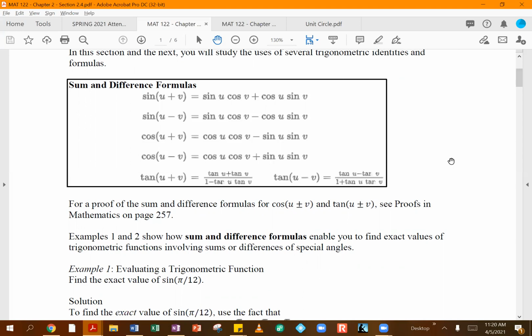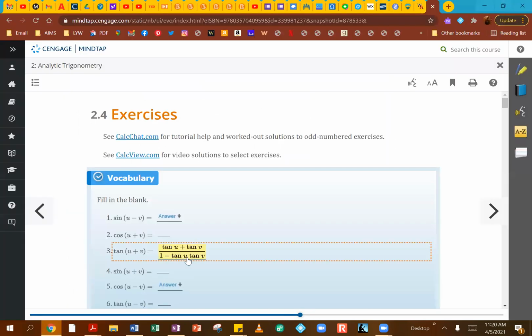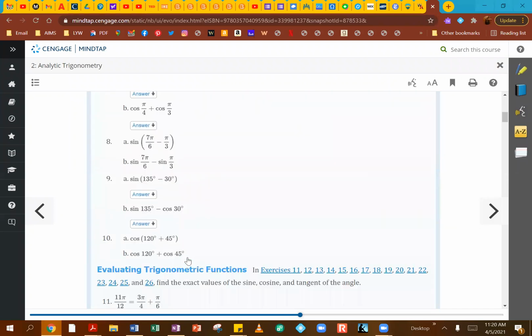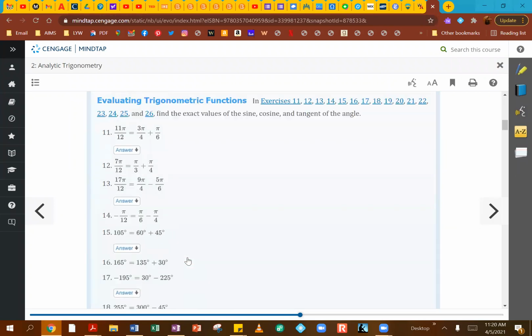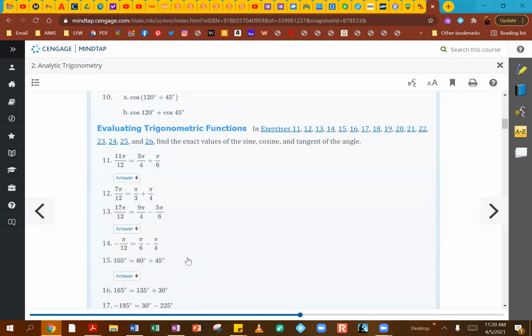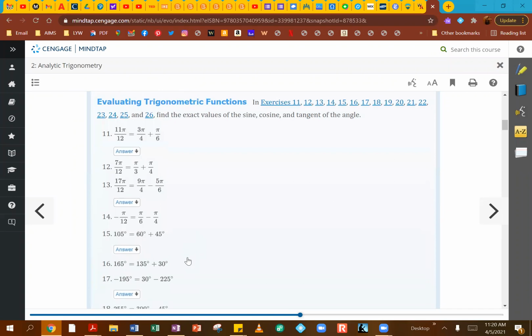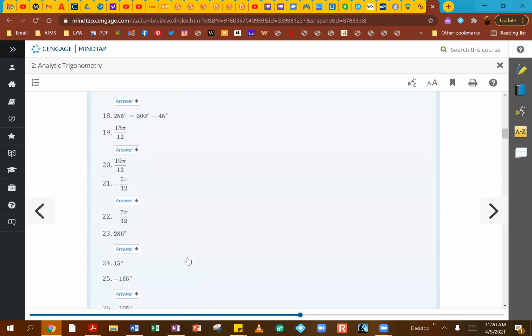So we had already started working on our first example over here. We were looking at number 20 from our textbook. They were asking us to find the exact values for the sine, cosine, and tangent functions for a given angle.